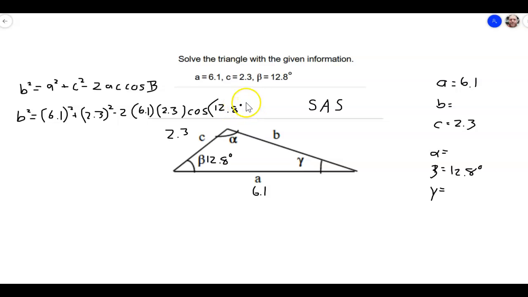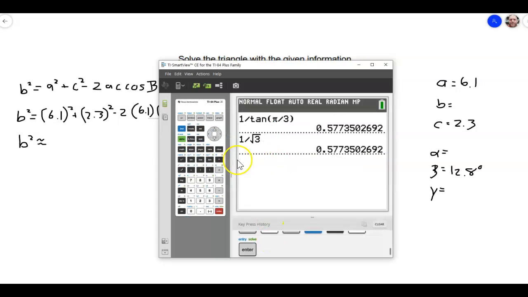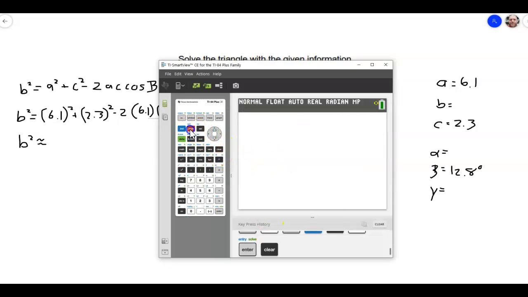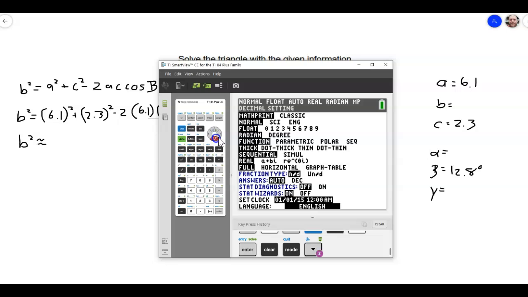All right. So now b squared is equal to, I'll do an approximation here because it's probably not going to be something perfect. Let's make sure that we are in degrees because they gave us degrees.